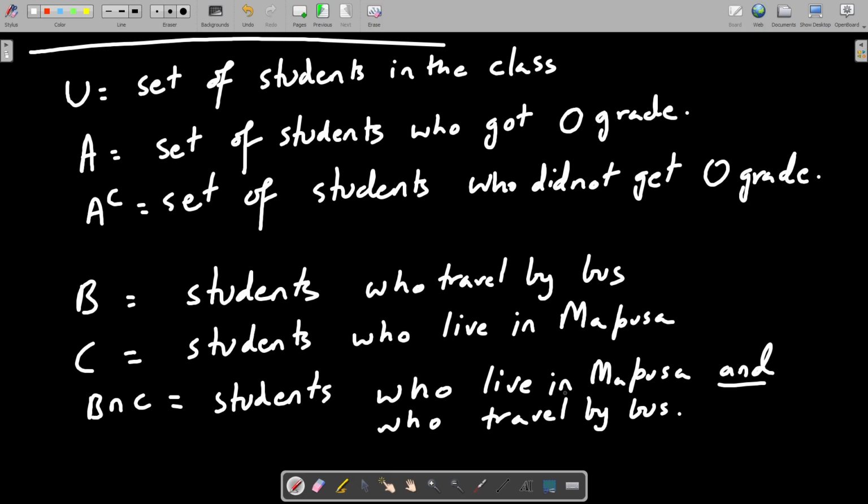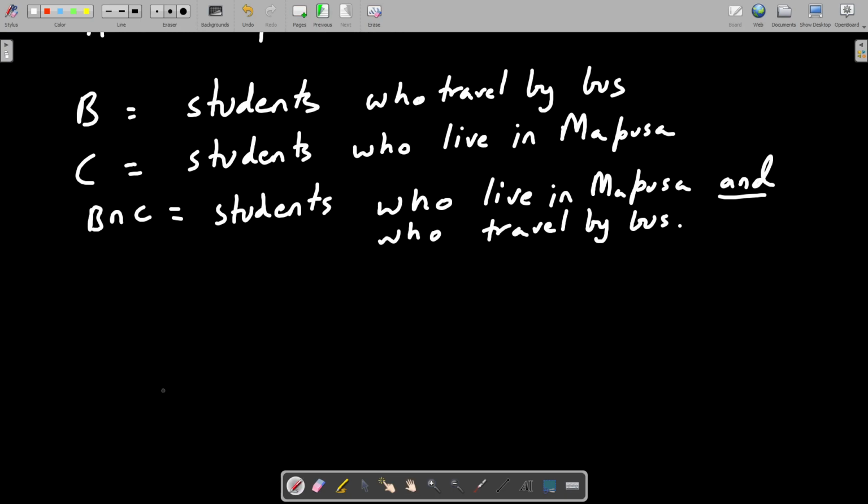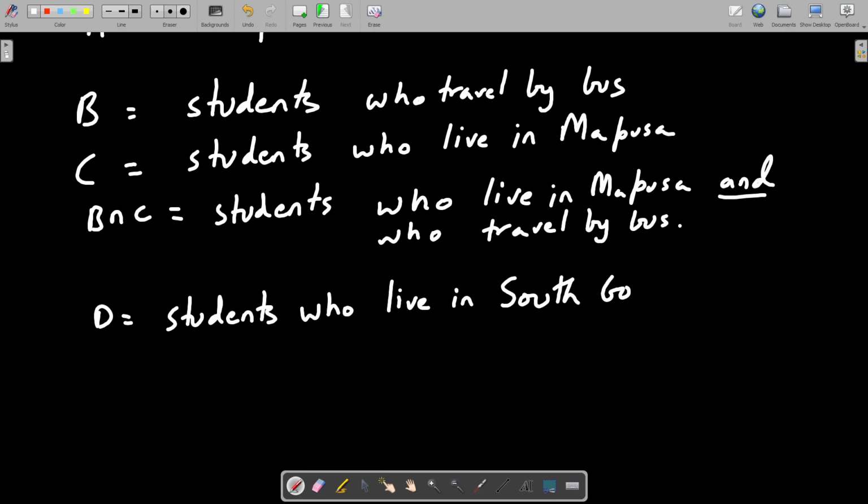Can you define two more sets and give me an example of an intersection? Okay, if I define D to be the students who, so what will be C intersection D now?